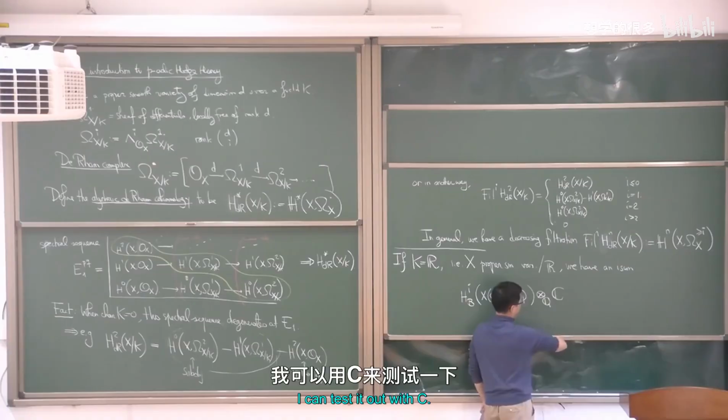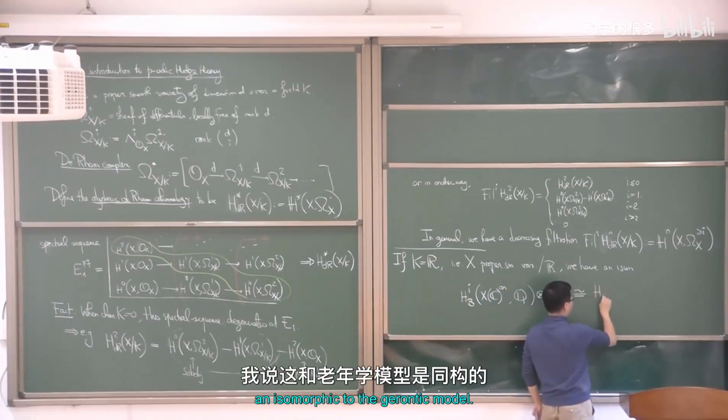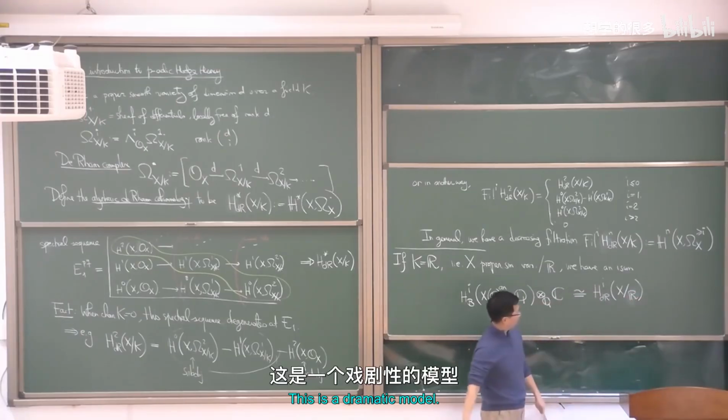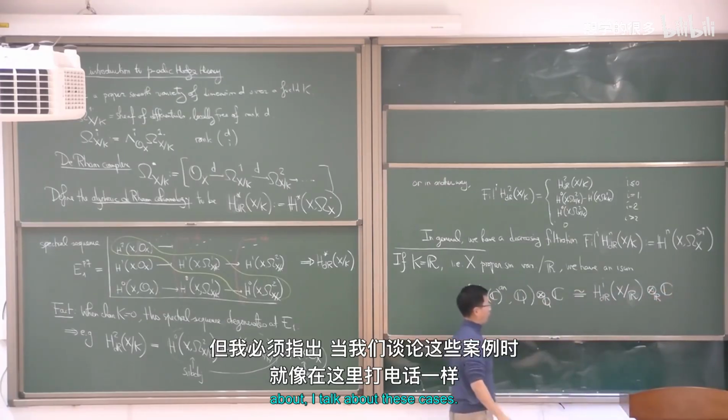I can tensor that with C. It's classical Hodge theory. It says that this is isomorphic to the de Rham cohomology. But then I want to be very, very careful here when we talk about these cases.